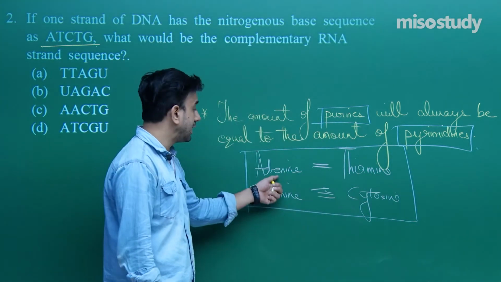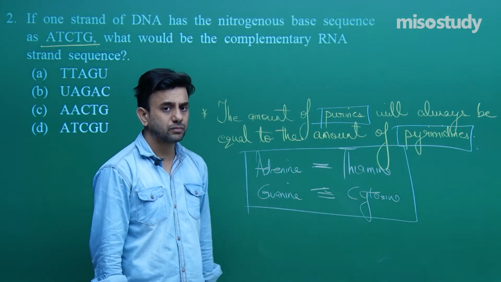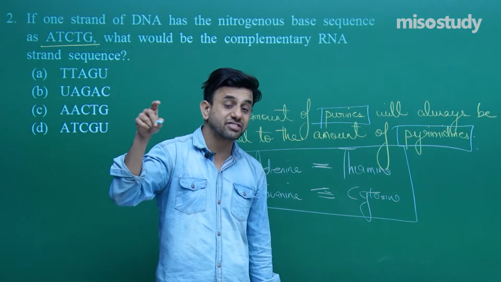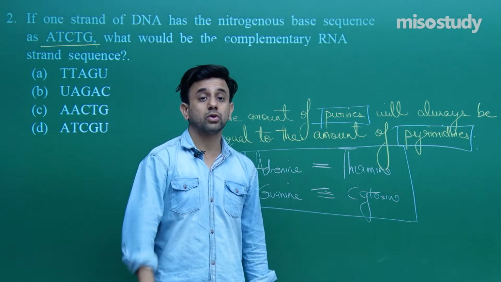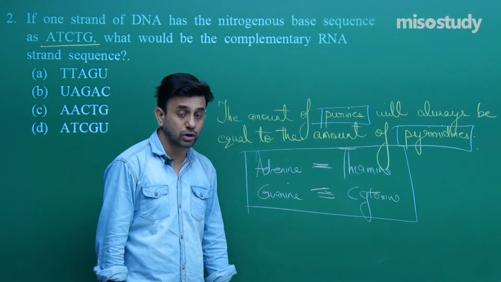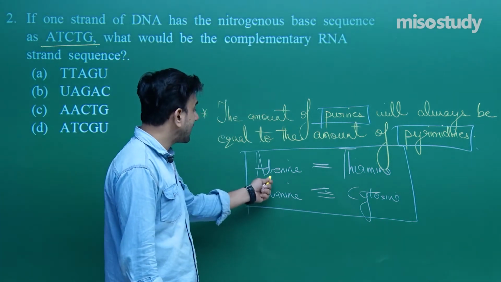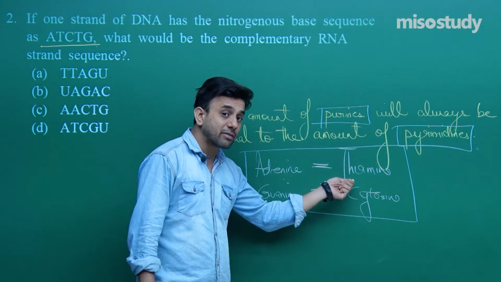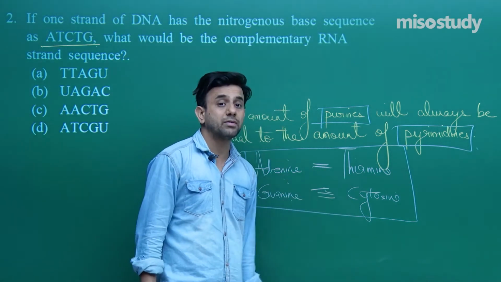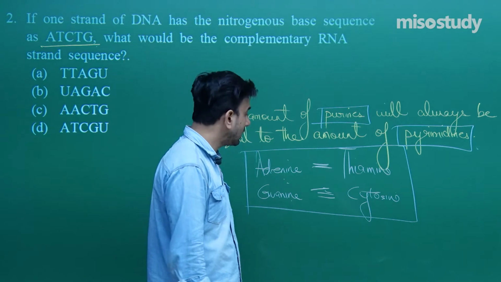So this is the purine and this is the pyrimidine. Those were Chargaff's base pairing rules. Remember Chargaff's base equivalence rule when we discussed these. So always adenine will pair with thymine and guanine will pair with cytosine.